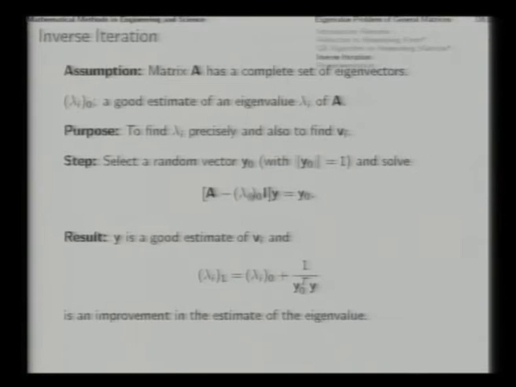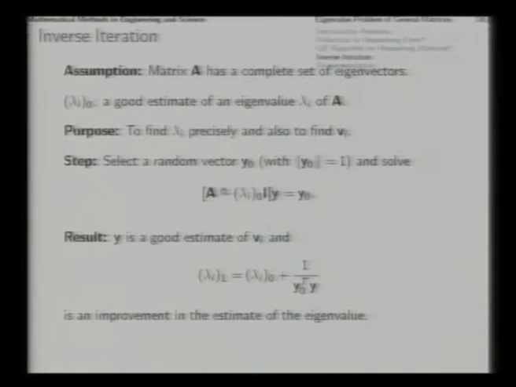But if it is a good estimate, but an estimate nevertheless, not the exact value, then through this shifting the ith eigenvalue becomes of very small magnitude, and that means in the solution, which is basically y, that is this matrix inverse into y 0, you get that particular eigenvector overemphasized, because the eigenvalue which is extremely small in the matrix becomes extremely large in the inverse.